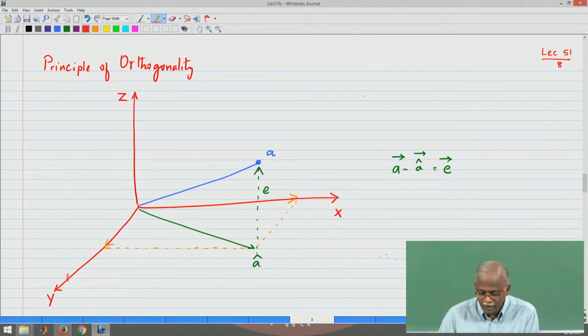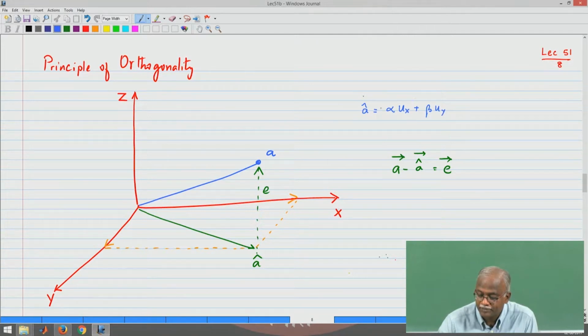So, if you were to think of it in the following manner, the approximation A hat will be alpha times the unit vector in the x direction ux plus beta times the unit vector in the y direction. So, if these are my unit vectors, alpha and beta are scalars.